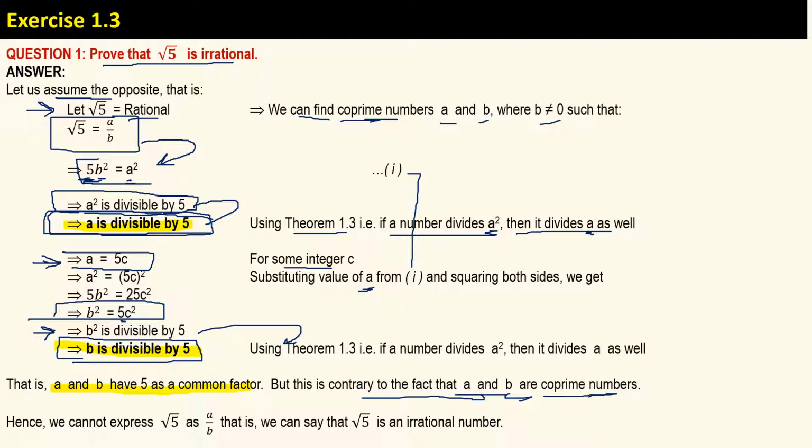So a and b having 5 as a common factor is contrary to a and b both being co-prime numbers. Hence we cannot express square root of 5 as a divided by b. That is, we can say that square root of 5 is an irrational number.